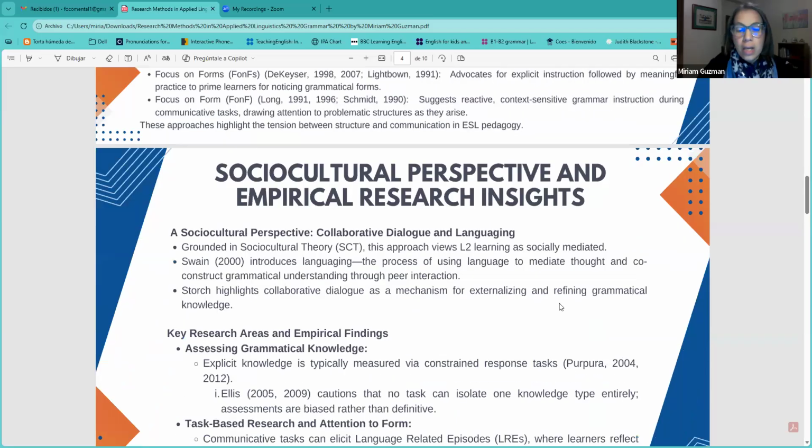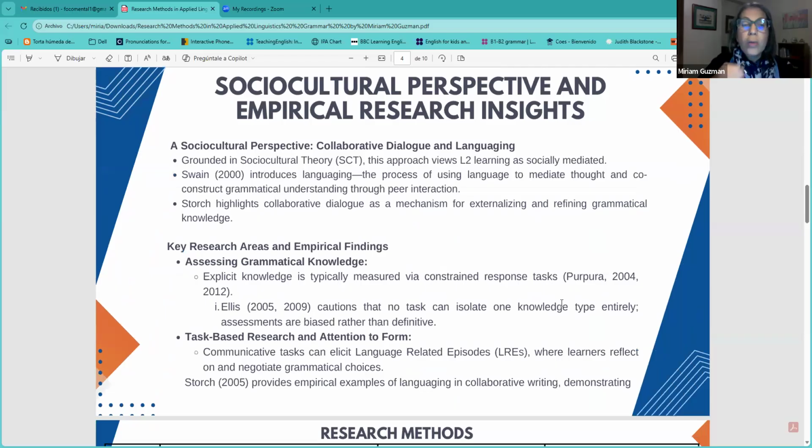Let's check a social perspective. Grammar learning can be understood not only as an individual process, but also as a socially mediated activity. This is grounded in sociocultural theory, which views learning as socially mediated, according to Vygotsky in 1978.